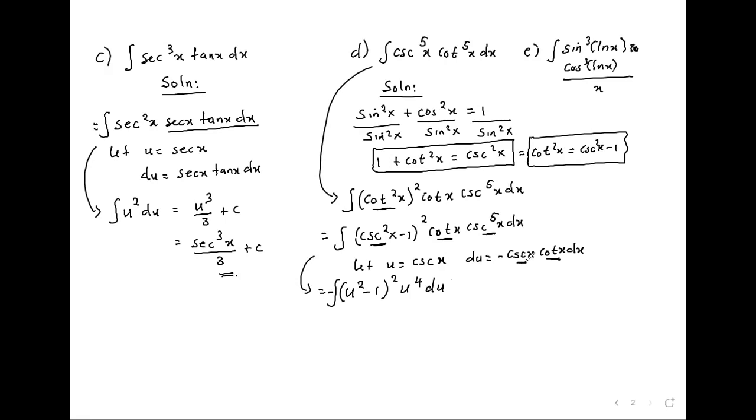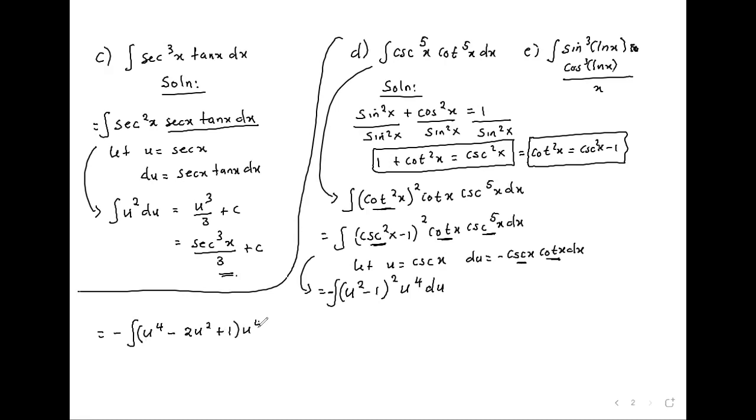Now we're integrating this one. So what do we do? This is one question here. So we expand. So we have minus u^4 minus 2u^2 plus 1, and then u^4 du.